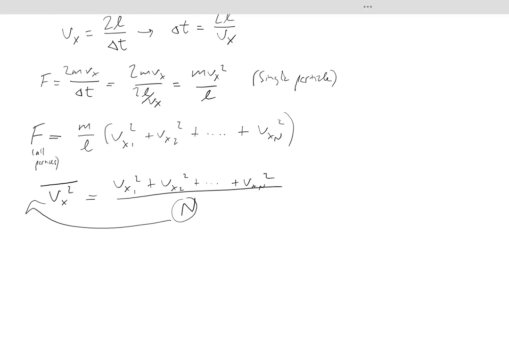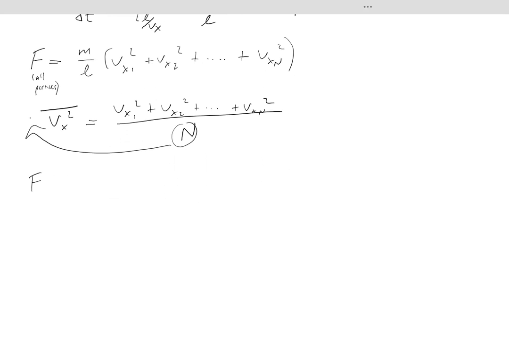So the force that's exerted on the wall due to all particles can be written as m over L times n times vx squared average. Because this piece here is exactly the same as that piece there. So that is the sum of all the forces, all the particles hitting one of the walls of the box.